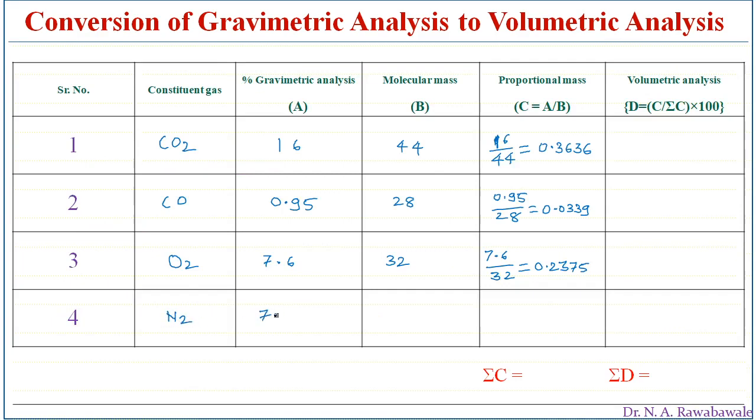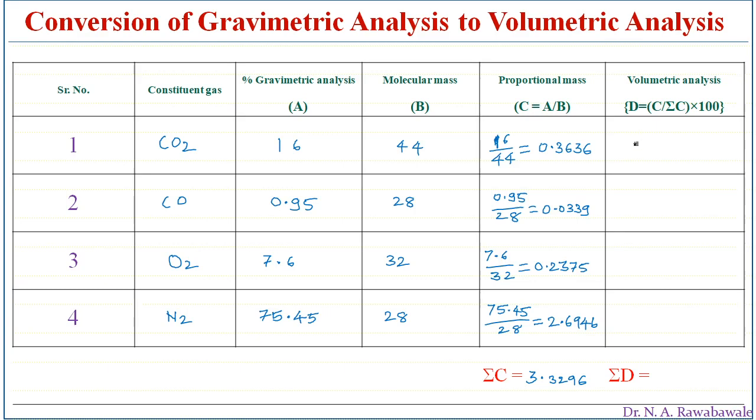The molecular mass is 28, so 75.45 divided by 28 works out to be 2.6946. So now the summation of these C values works out to be 3.3296.